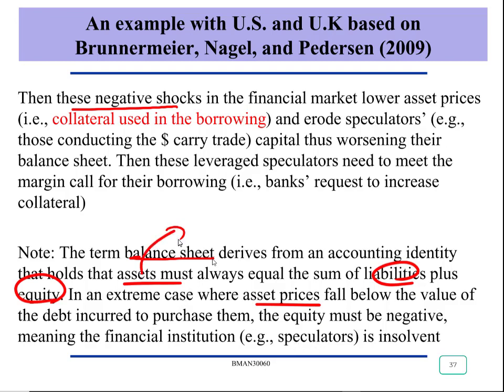Mostly these financial assets. So in balance sheet, they have financial asset here, they have liability, they have equity. Because of this negative shock, the value of financial security, their investment, the value will be lower. If this gets much lower than even the value of debt, then they will get the negative equity. That means bankruptcy of these speculators or financial institutions.